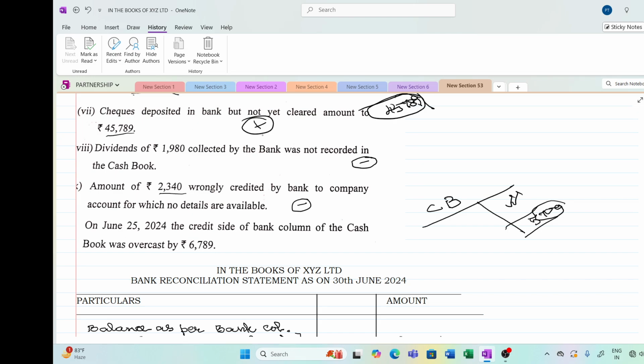This is a mistake of totaling in my book, but this is not the case in case of bank statement. That they would have totaled it properly. So this will also appear on the minus column.